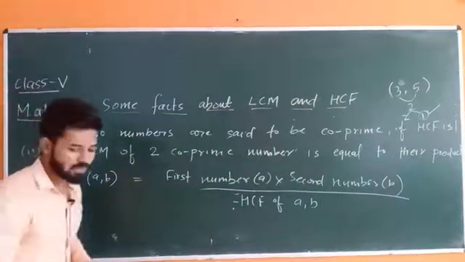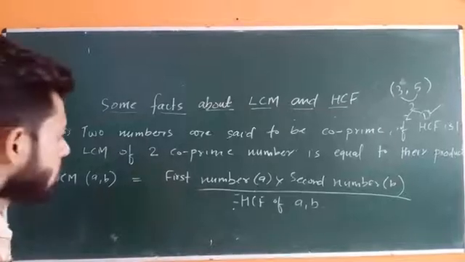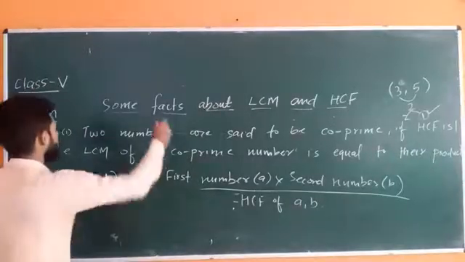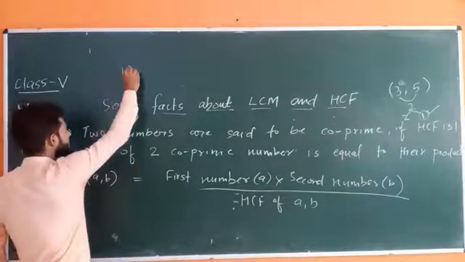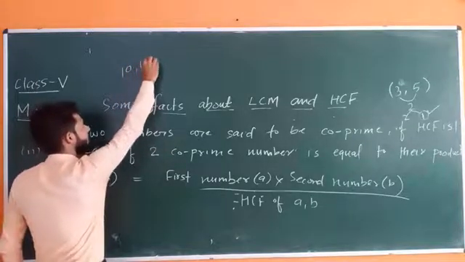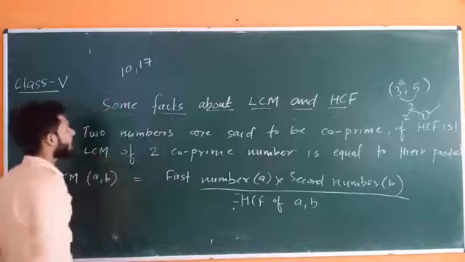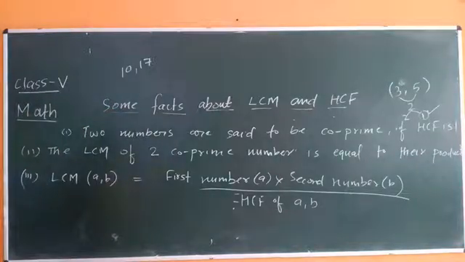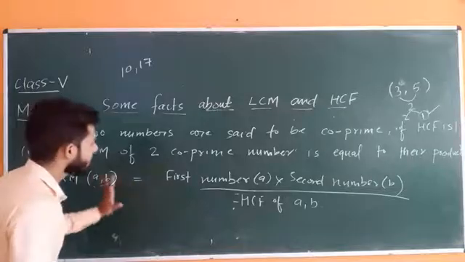Okay, let's take some more examples to understand this concept more clearly. Let's take 10 and 17. If I ask you whether both the numbers are co-prime or not, you have to find the HCF.